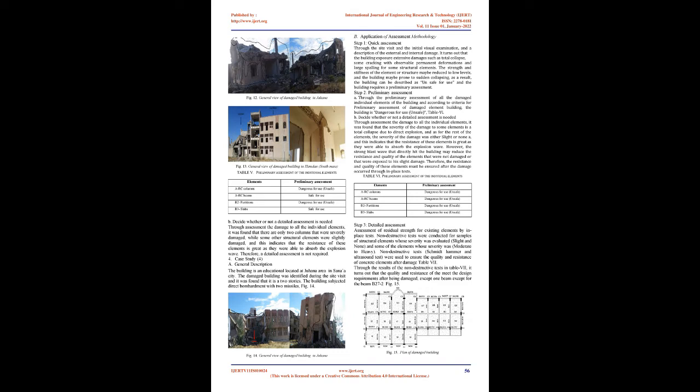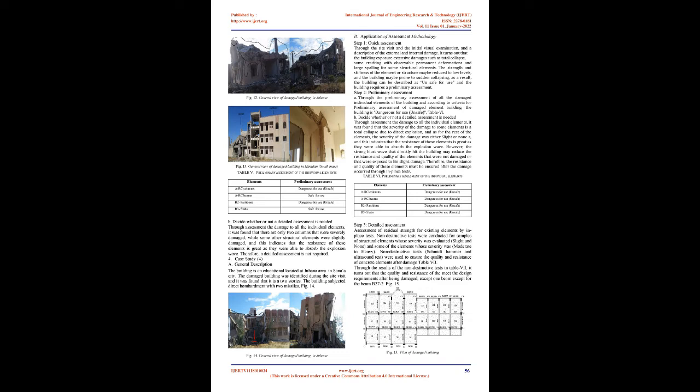Step 1. Quick assessment. Through the site visit and the initial visual examination, and a description of the external and internal damage, it turns out that the building exposed extensive damages such as total collapse, extensive cracking with observable permanent deformations and large spalling for most structural elements, about 80%.